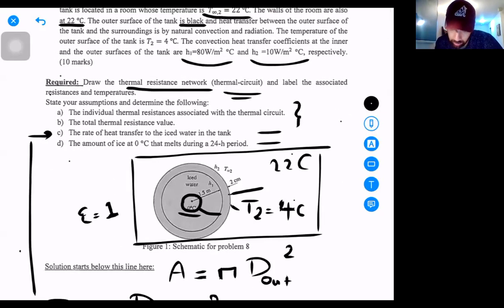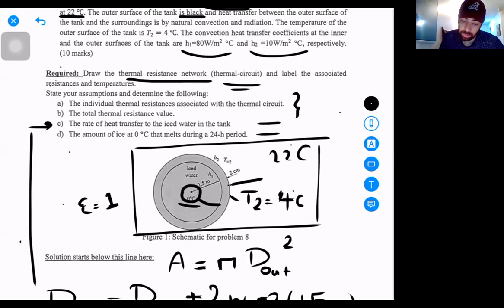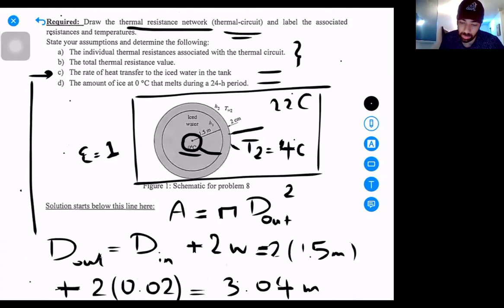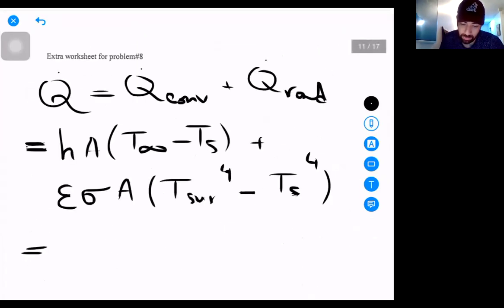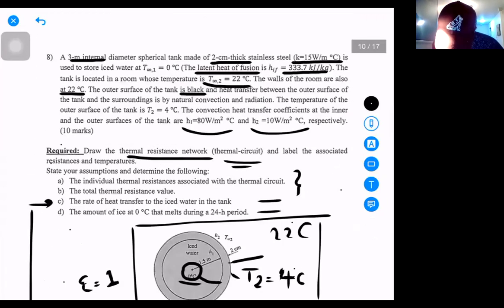So if you remember, the convection heat transfer coefficient for the inner space was given as 80, if I remember, yes, it was 80.